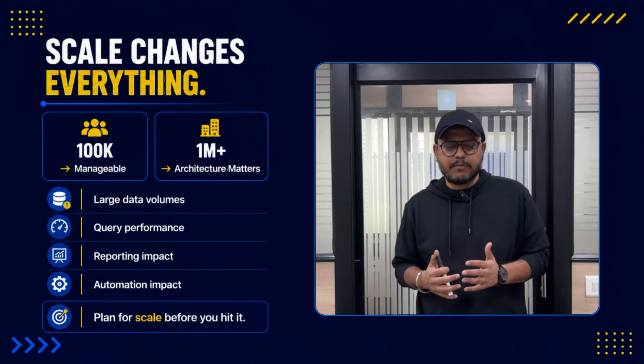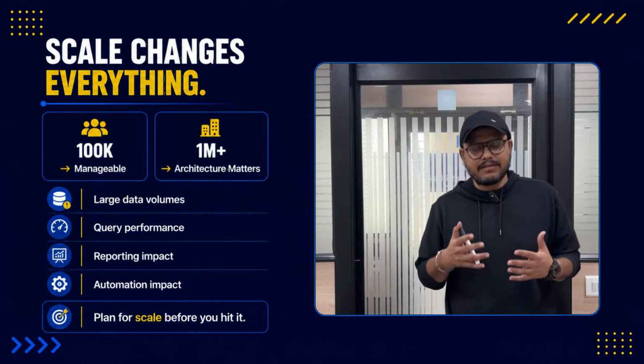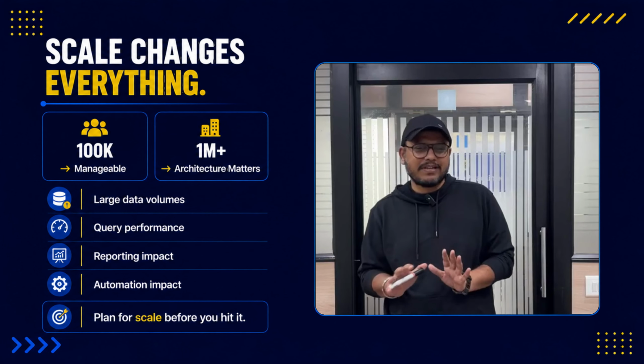Okay. At what point does a Salesforce organization become difficult to scale because of its data architecture? I would try to give you a number for this. If your per object data is somewhere between a few thousand to a few hundred thousand, that's manageable.